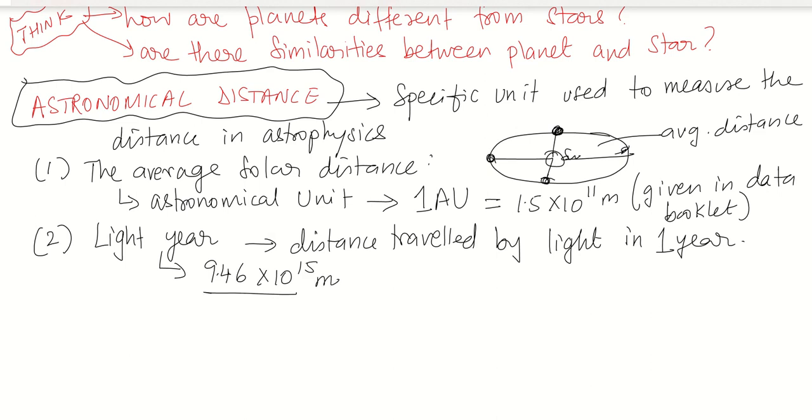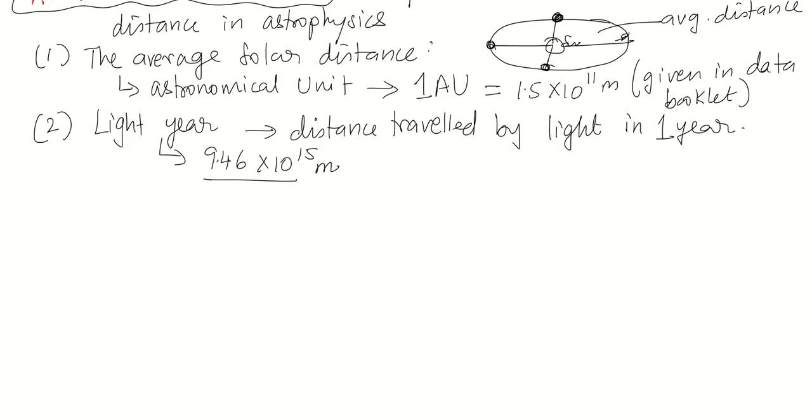Okay. So if needed, we have to use this. You can calculate this actually, because speed is distance by time. So distance is speed into time. Speed of the light is 3 into 10 power 8 into time is 365 into 24 into 3600, and then you should be able to get it. As simple as that. Okay.